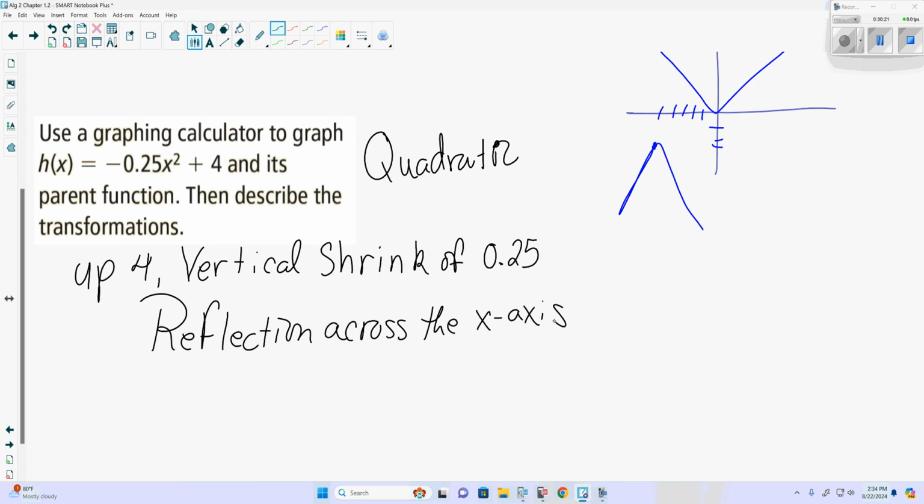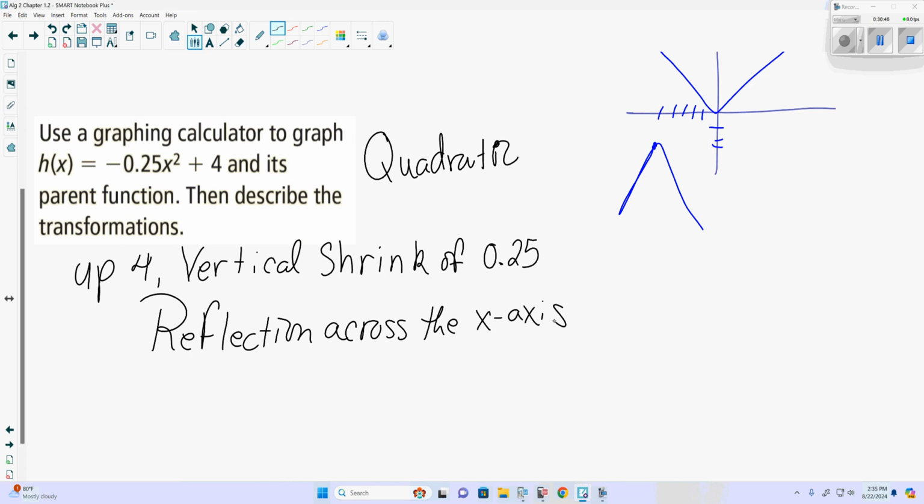So really, we can have a reflection across the x-axis, a stretch, a horizontal translation, and a vertical translation all at once. We can have multiple things going on. And even though we haven't done it in these, we could technically have a movement of up 7.5. It's possible.